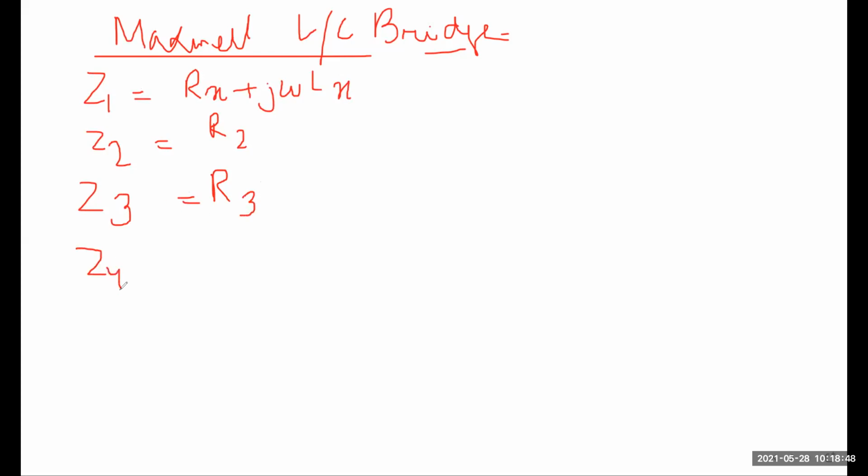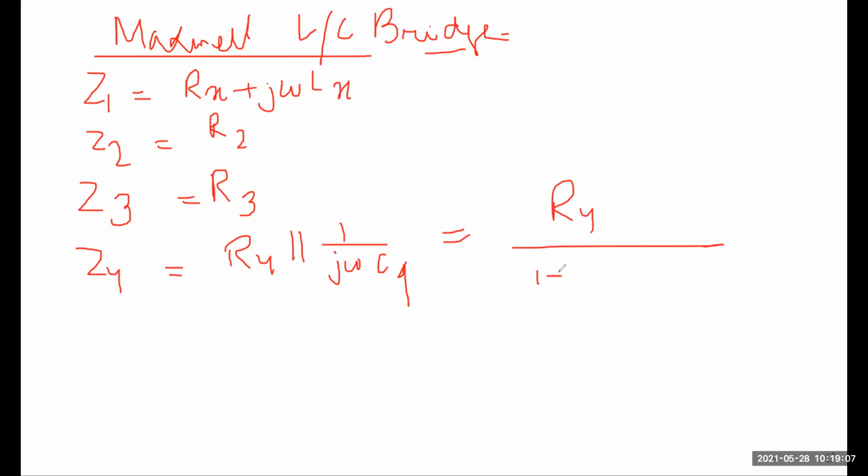And for Z4, if you follow the diagram, you can see that R4 is parallel to the variable capacitance, right? So it will be J omega C4, so Z4 will be R4 divided by 1 plus J omega C4 R4. Okay, so these are my 4 arms that I got from my Maxwell inductance capacitance bridge.